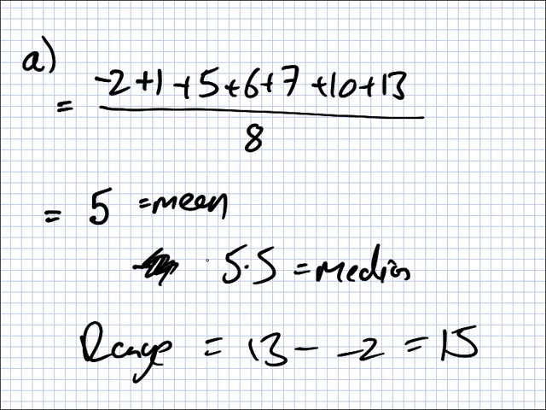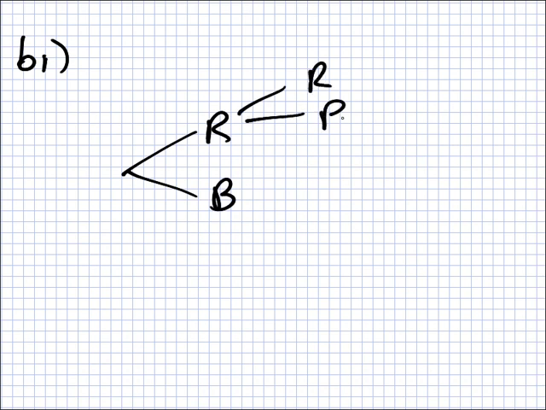Okay. Next one is a probability one. A box holds 4 red and 2 blue. 2 balls are removed. Draw the diagram. Okay. So, you can either first take out a red and then a blue, and then a red and a blue.